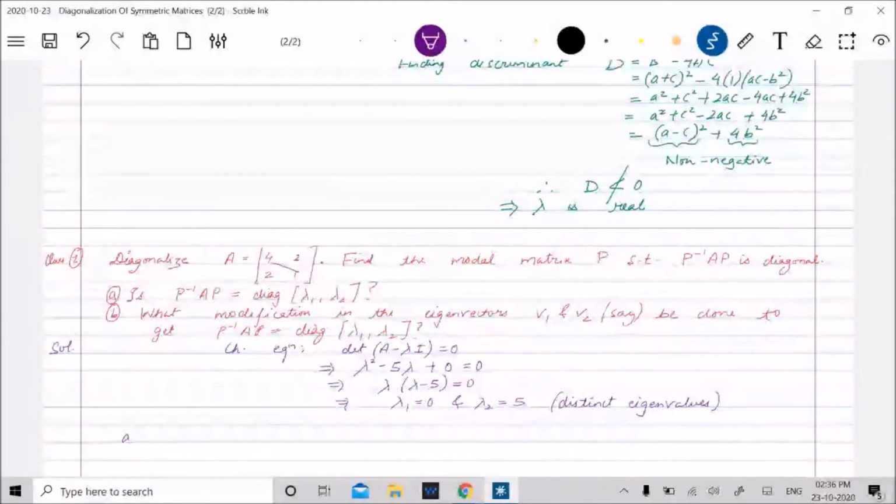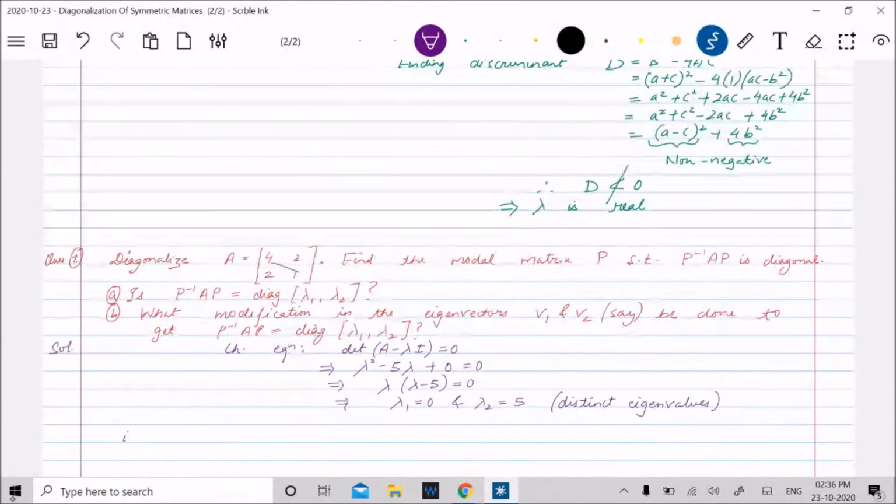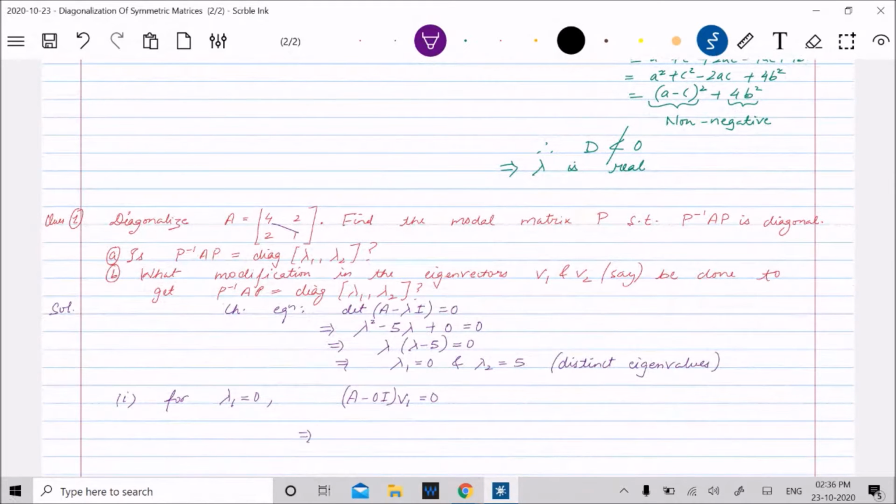Now I am going to the first step, let me call it number 1. For the first eigenvalue lambda 1 equal to 0, the calculation goes like this: A minus lambda 1 I, and lambda 1 is 0, times v1 equal to 0, right? And then you subtract this number 0 from the diagonal of the original matrix.